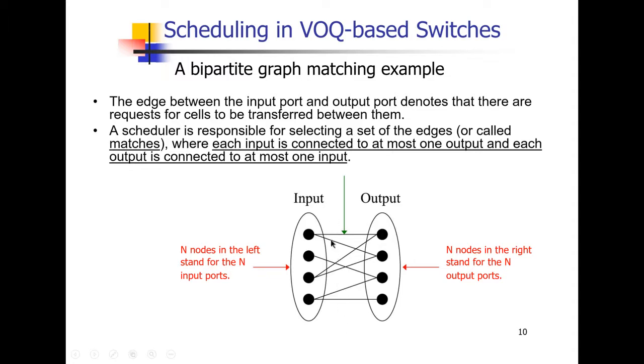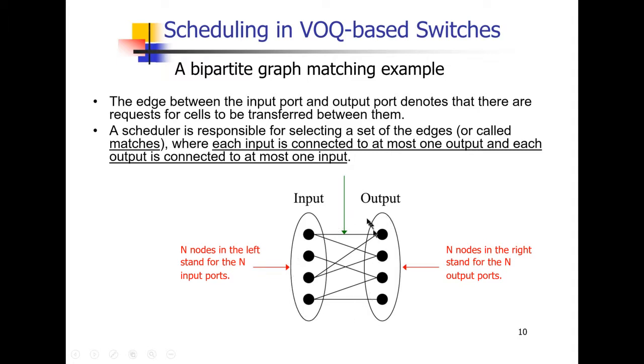But then we have to take into account the two other constraints of stability that tell that in a given time slot you cannot have two cells that are leaving a node in the input, and you cannot have two cells that are arriving to a node in the output.